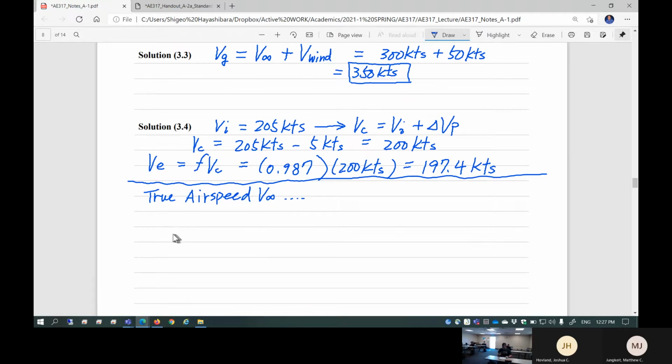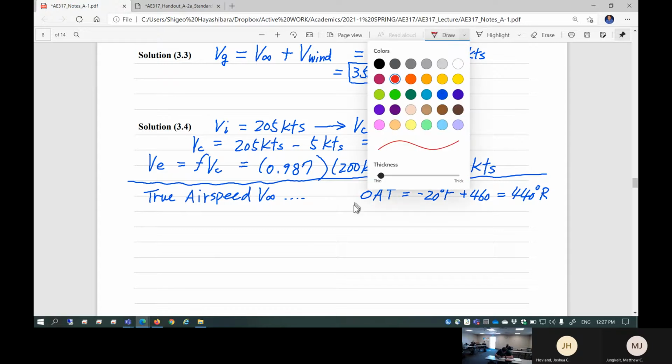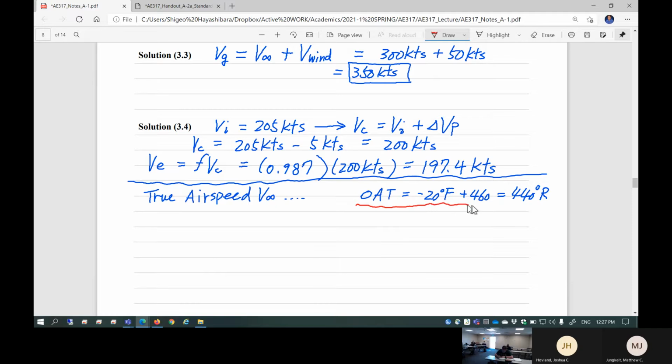So in other words, outside air temperature is given, which is minus 20 degrees F. Let's just add the 460, making it Rankine, which is 440 Rankine. So this is one additional piece of information you need. If this information is not given, that's it. You can't get true airspeed.